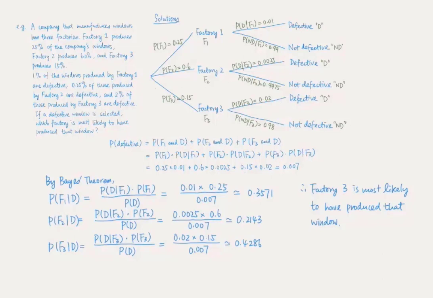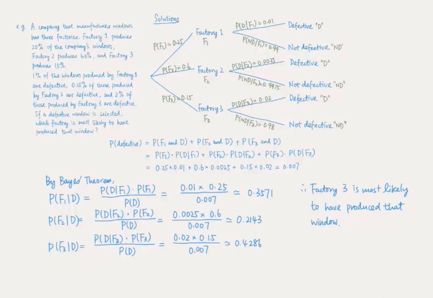Now, by the Bayes theorem, the first conditional probability we want is the probability that the window is produced by factory 1 given that this window is defective. By the Bayes theorem, it equals the probability that the window is defective given that it is produced from factory 1, times the probability that the window is from factory 1, divided by the probability that the window is defective.